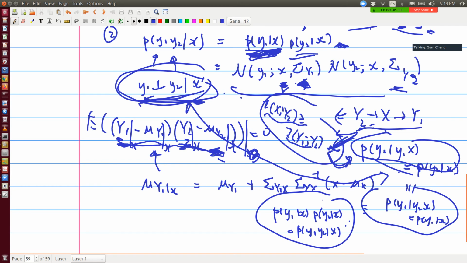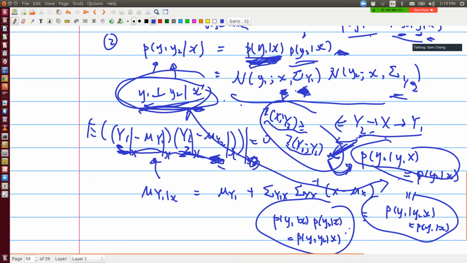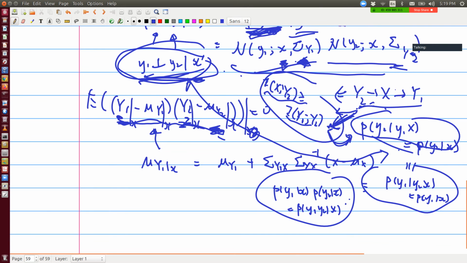Now let's continue. If we try to multiply these two guys here, let's only care about the exponent. The exponent will have the form exponential.